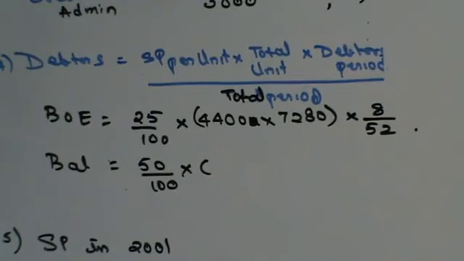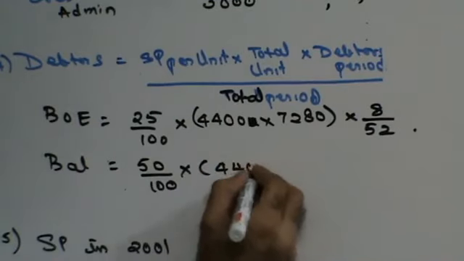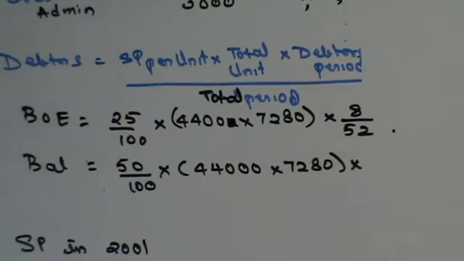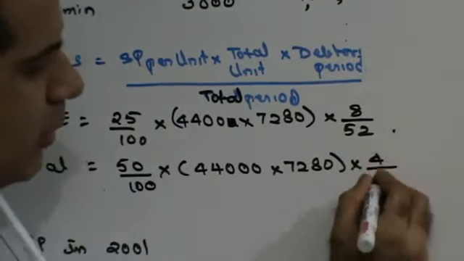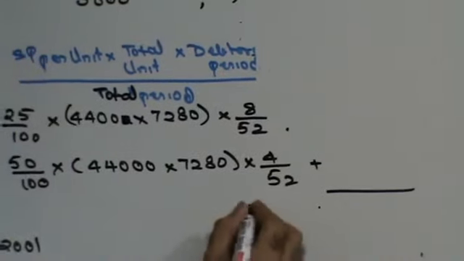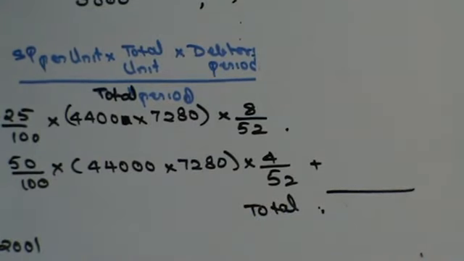So that is 75% remaining. 25% is bills of exchange. So how much is remaining? 50%. 44,000 into 7,280 into the balance debtors are supposed to get 4 weeks credit. So into 4 by 52. When you add these two, what you will get will be your total debtors. Right? You can do this on your calci. Hopefully you can do it right.